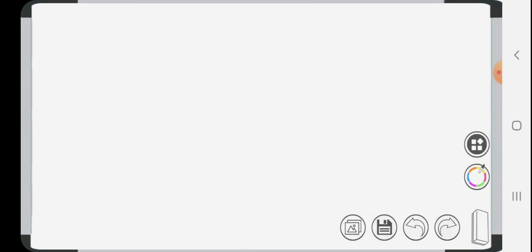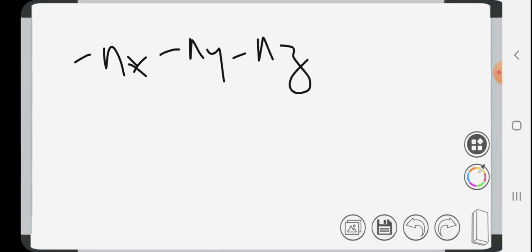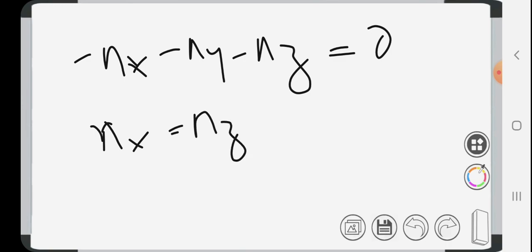So you substitute this value in our third matrix equation, which was nx minus ny minus 3nz equal to 0, right? But nx equal to nz, you have got, right?